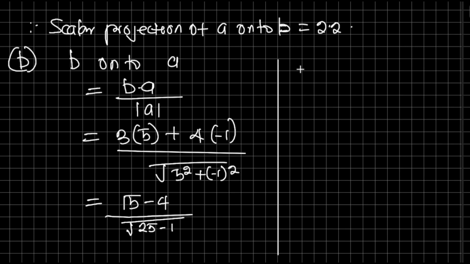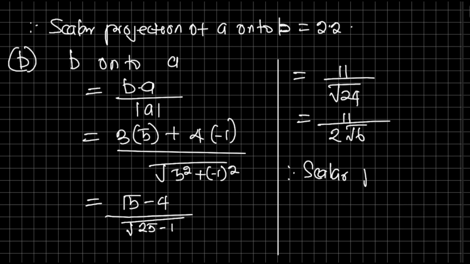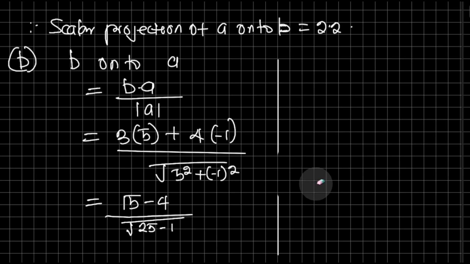So that would be equal to 11 over the square root of 24, which is 2 root 6. Oh, sorry about that. This is a square, so we are not supposed to subtract.